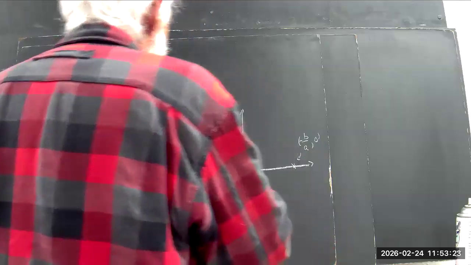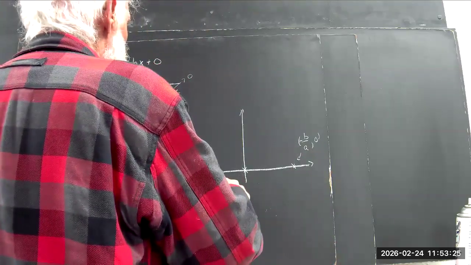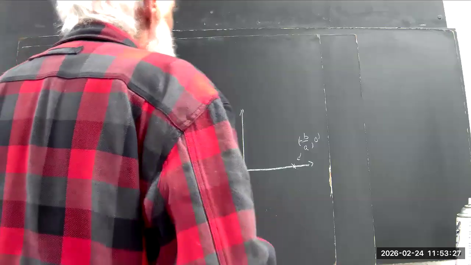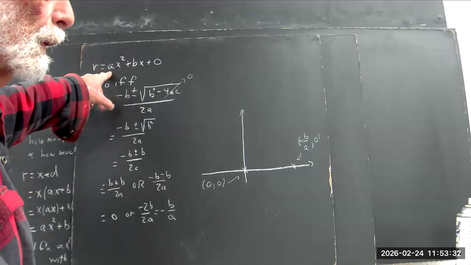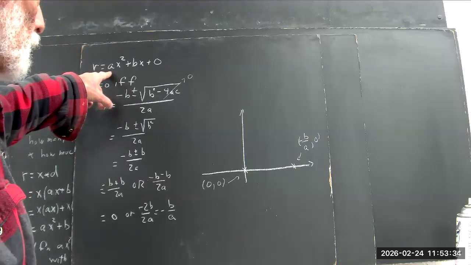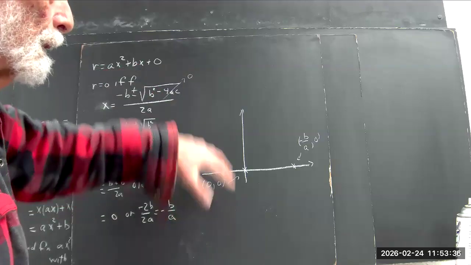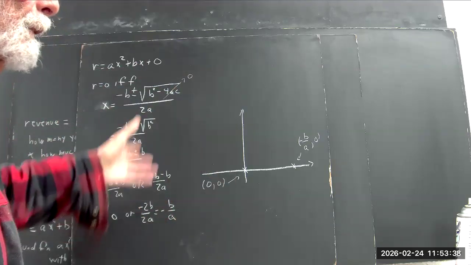That negative sign kind of got lost. Let's make it a little bigger. Negative b over a, 0. That's this point. This point, of course, is the origin 0, 0. Now, since a is less than 0, we know that this quadratic function is kind of upside down. It's inverted.